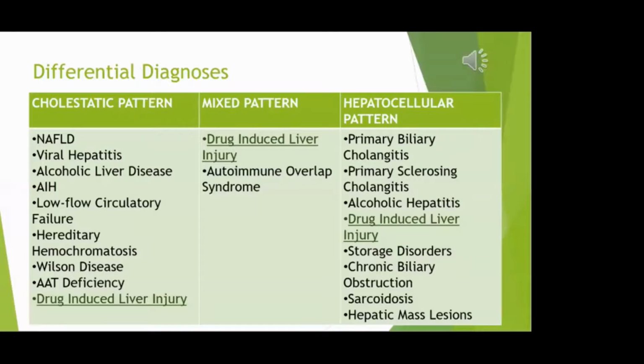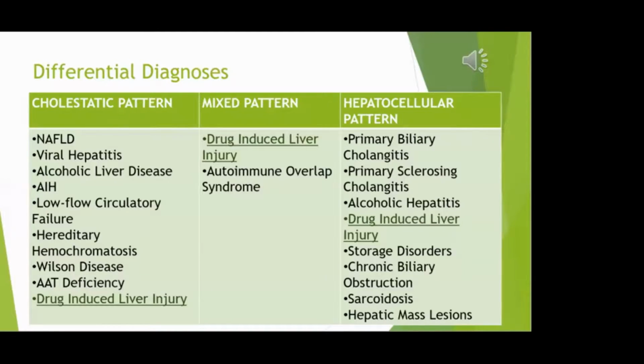Once you categorize that particular case in a pattern, you can come up with a short list of differentials. So you can go through a short list of differentials that can guide you in looking into more specific tests that can lead to the diagnosis, or even just ask the right questions from your clinicians.